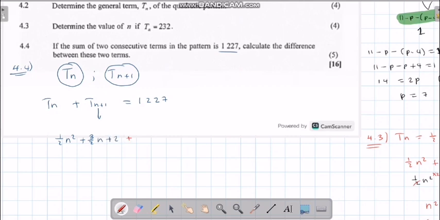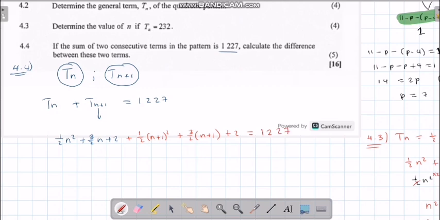Let's say plus, since I'm adding, I'm not subtracting, there's no need to put the bracket. I'm now looking for tn plus 1. Where I see n, substitute n plus 1 squared plus 3 over 2 times n plus 1 plus 2, which equals 1227.